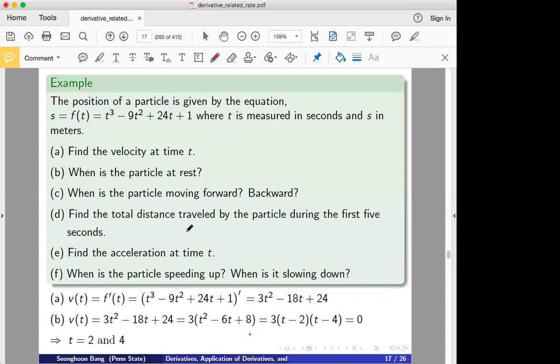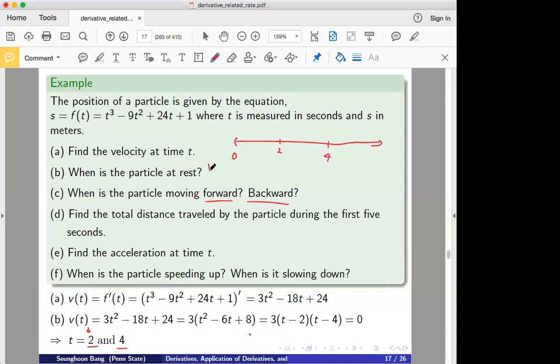Third one, particle moving forward, moving backward. How can you check moving forward and backward? You can use this result. So what does it mean? Here, this is the time interval from 0 to infinity. You plot, so this is like 0, the starting point, to positive infinity. You plot 2 and 4.